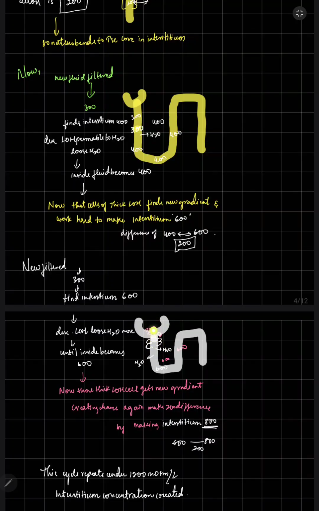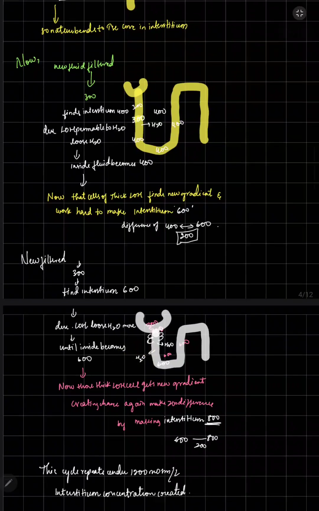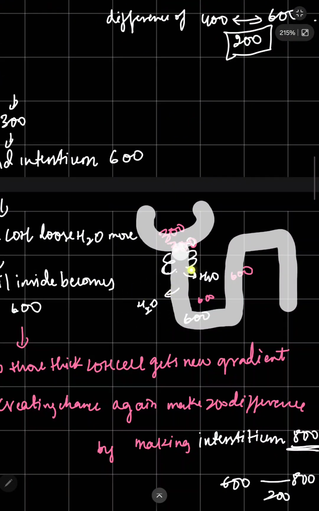Again a new fluid has been filtered, which is 300, and then while reaching down it finds the interstitium is 600. Now this part again loses water to make its osmolarity equal to that of the interstitium, which is 600.